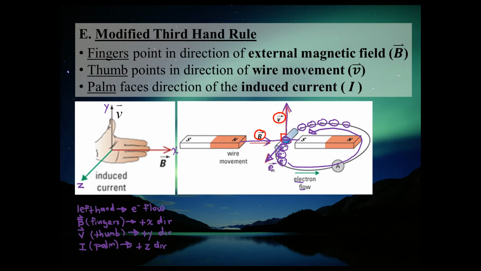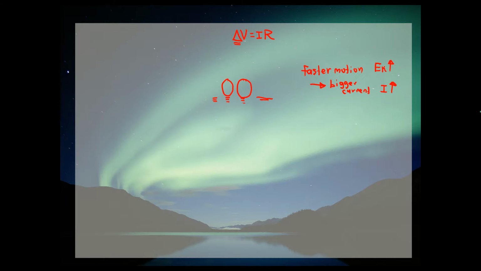So the length of my conductor would be in this direction, along the z-axis. The z-axis is also perpendicular to the direction of the magnetic field. So this would be perfect in terms of maximizing your induced current because everything is perpendicular to the magnetic field.